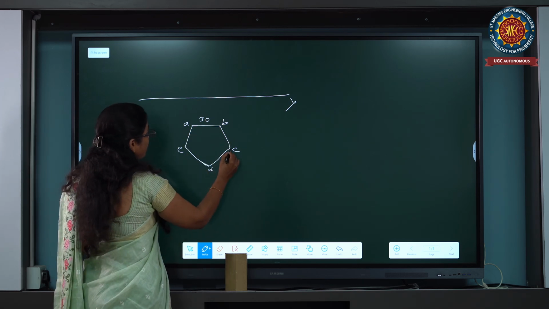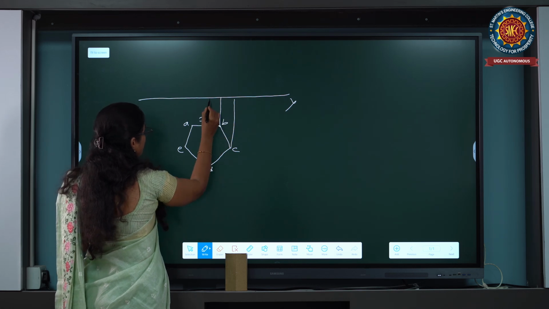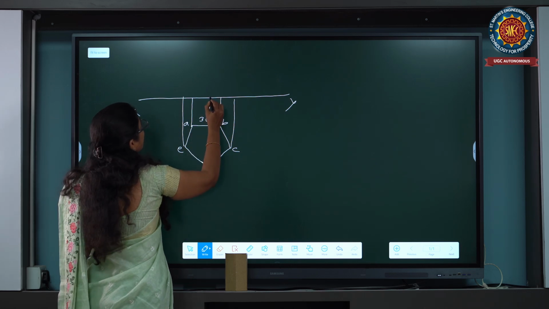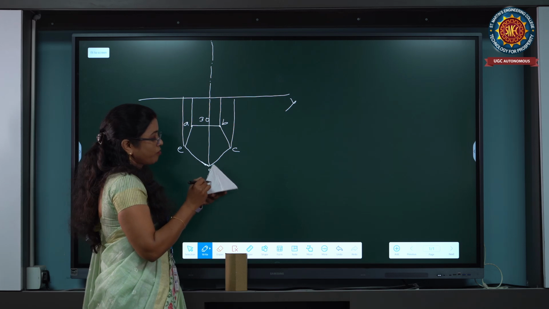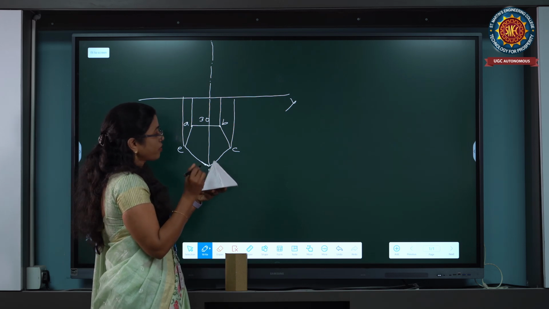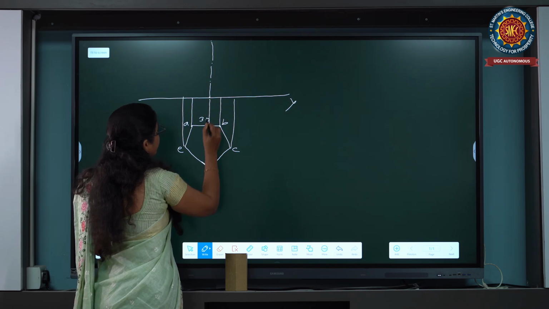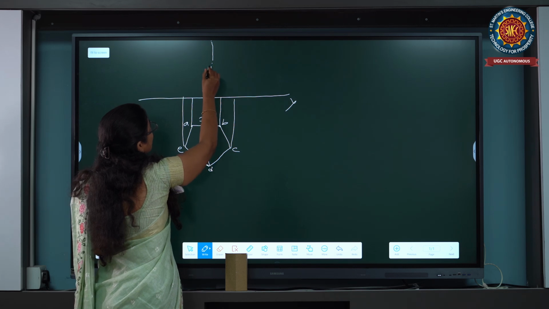We need to extend these lines up to the XY line and then draw the front view. The center line, the axis, is represented as one long dash and one short dash, like that.